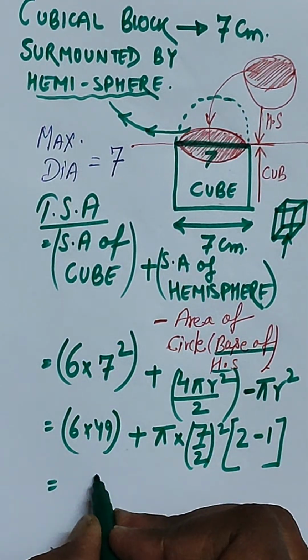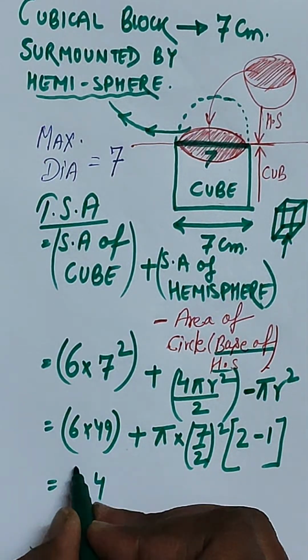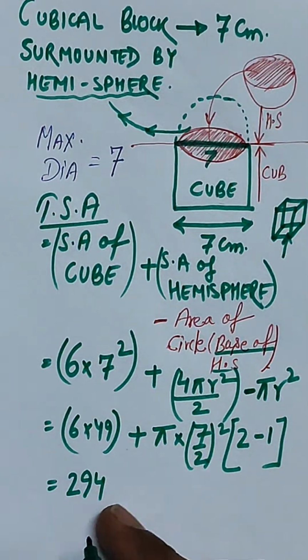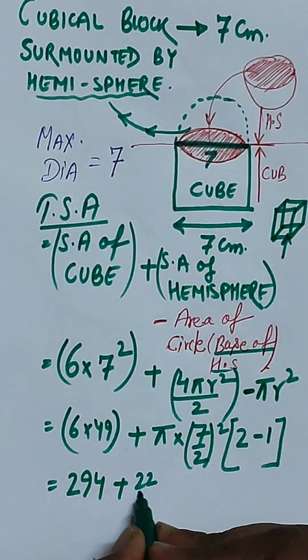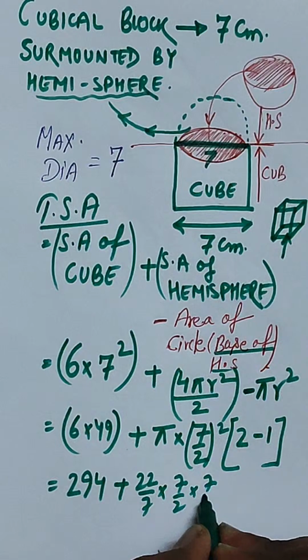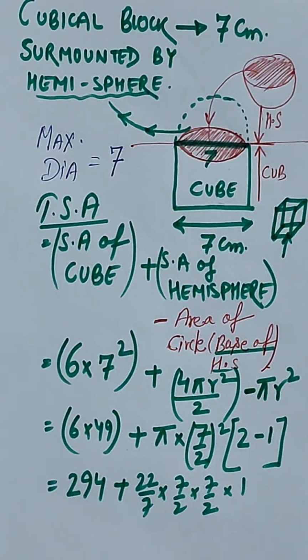6 nines are 54, carry 5, 6 fours are 24 plus 5 is 29, so 294 here, plus pi is 22 by 7 into 7 by 2 into 7 by 2, because it's r square multiplied with 2 minus 1, which is 1, right?